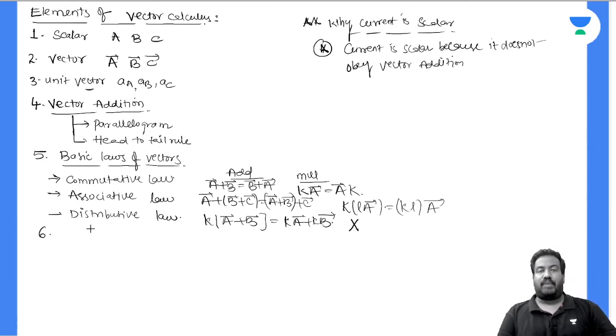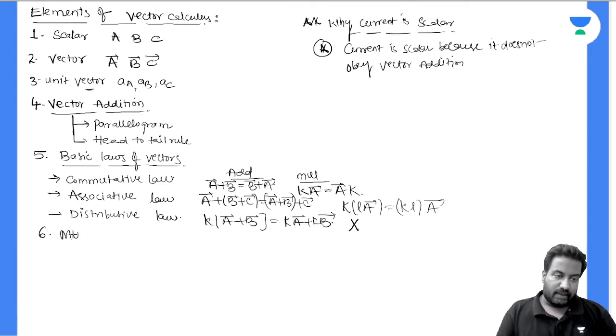Then we had seen multiplication of vectors.